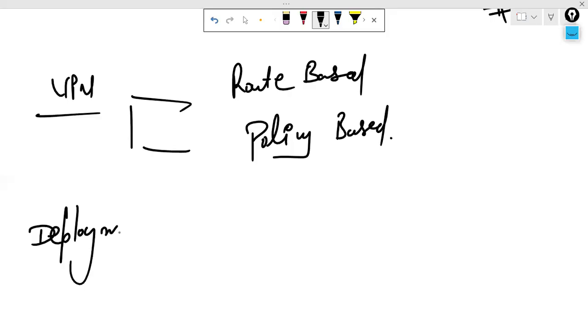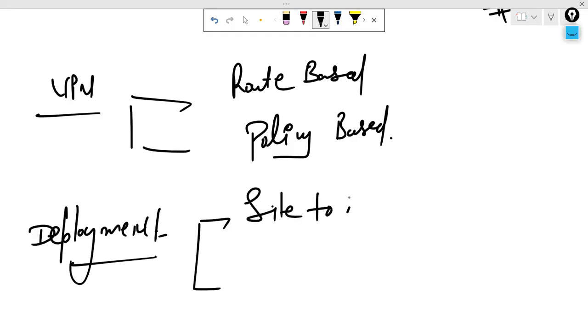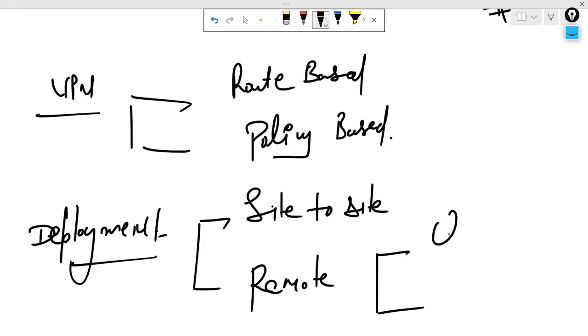In terms of deployment, it has two types: one is site-to-site, and second is remote. And the remote again has two types: one is clientless, and second is client-based.